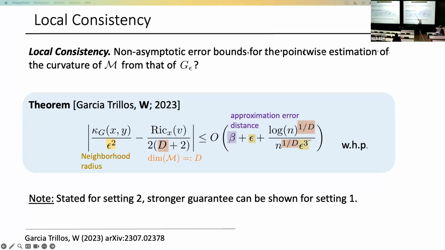And then we have the true Ricci curvature at the corresponding point on the manifold. And then we get a sample complexity here, right? N is the size of our point cloud. So we get an error bound in terms of the size of that sample. And then, of course, it depends on the epsilon radius and also the intrinsic dimension of the manifold.